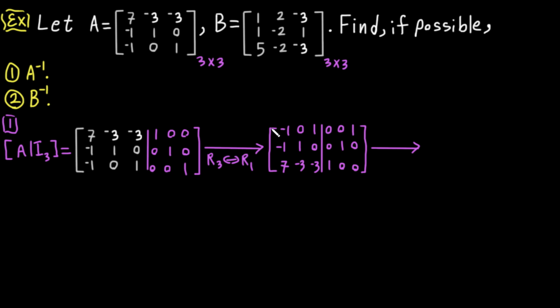So now just multiply this row by -1: negative row 1 in row 1. So here it will be 1 0 -1 0 0 -1, because I am multiplying this row by -1.